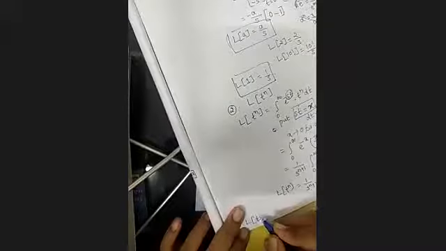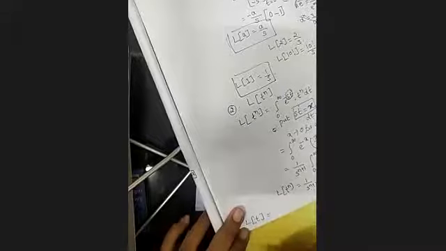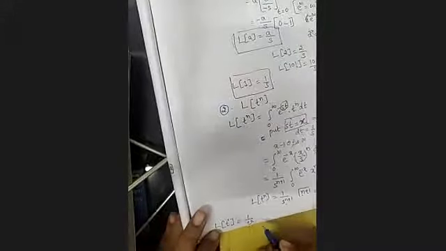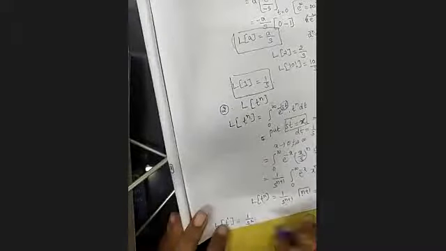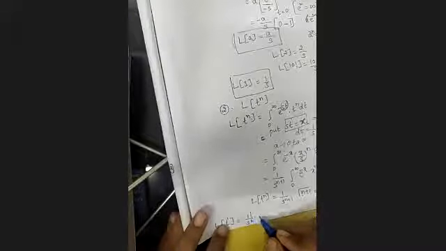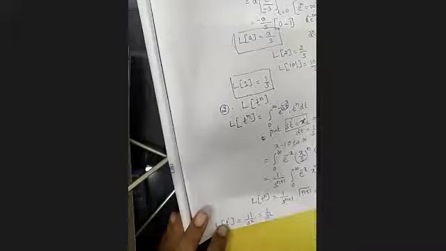So this is the Laplace transform of t raised to n. What is the Laplace transform of t? t means t to the power 1. Correct? It is 1 factorial divided by s square, or you can say 1 by s square.